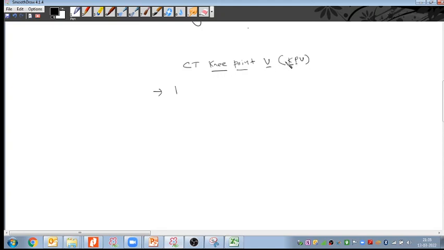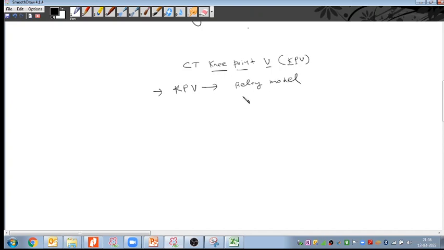Let us take this short name, which we generally use also. For the KPV calculation, we discussed that the CT knee point voltage will be governed by the relay model.